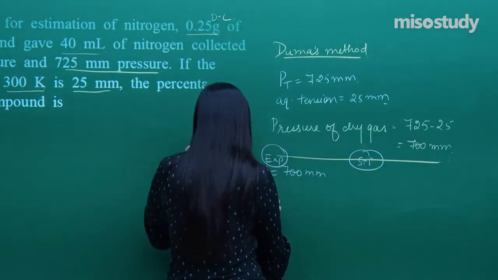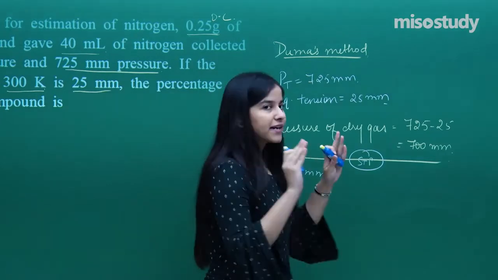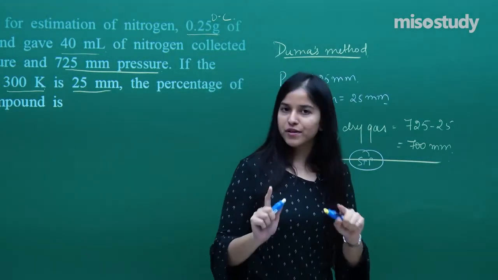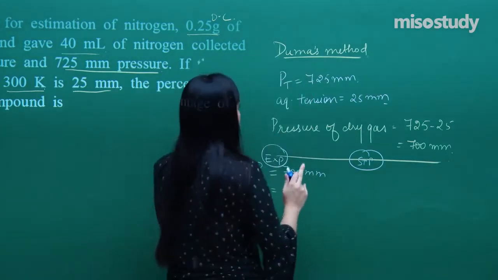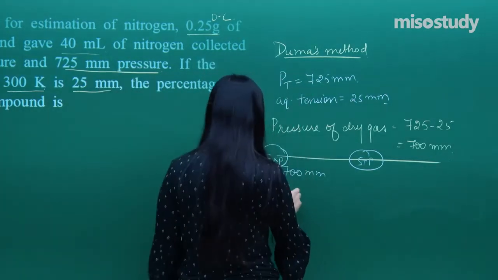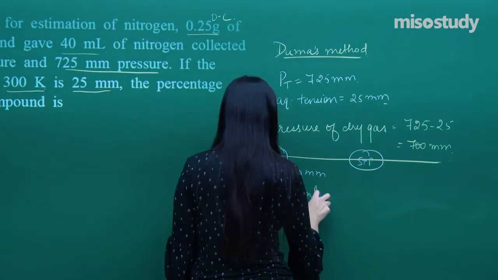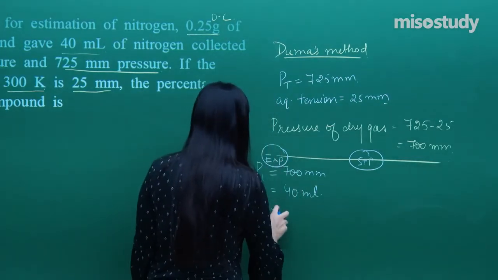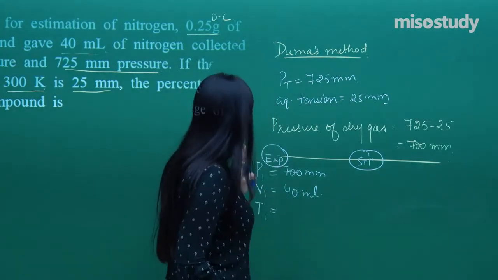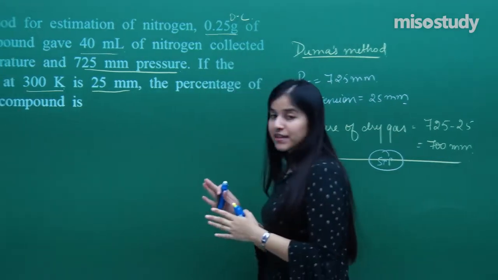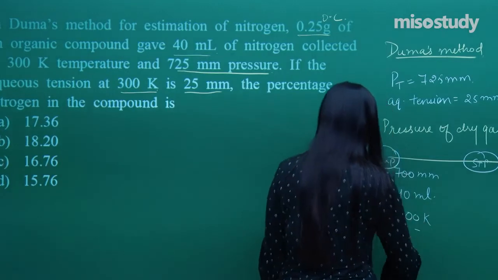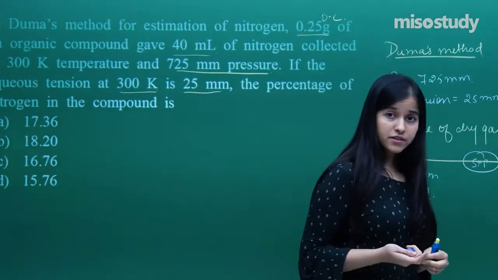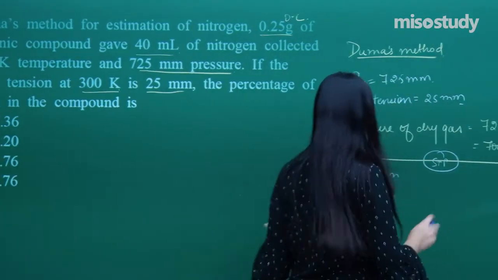I need to apply the ideal gas equation. I hope everybody remembers what the process of Dumas method is. So V1 volume is given out to be 40 ml, right? What is T1? The temperature that is given to be 300 Kelvin. You need to always convert the temperature into Kelvin. If not given, first convert it into Kelvin.